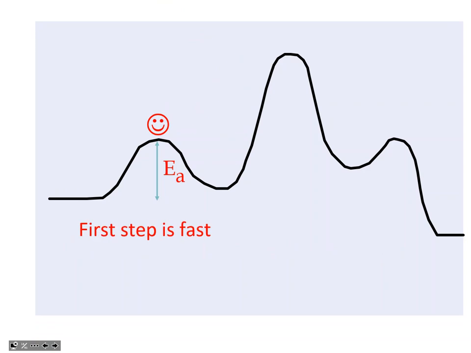We know the first step is fast. Actually, out of all of them, which step is going to be the slow step? Which one's the rate determining step? The second one. Why do we know that the second one's the rate determining step? Because it requires the most activation energy. Exactly right. So the second step is the rate determining step.